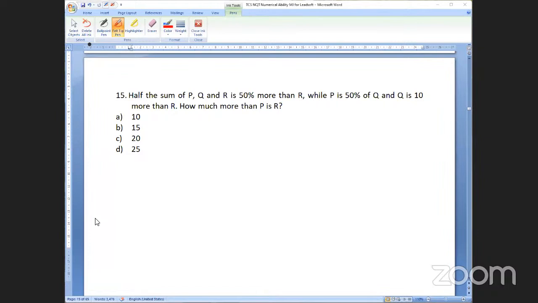Give yourself a fight if you want to solve it in the given time.